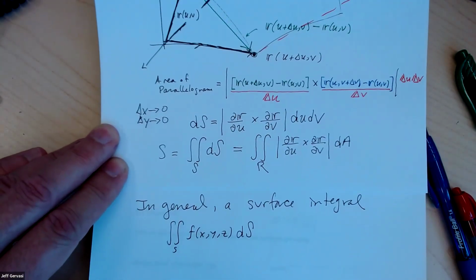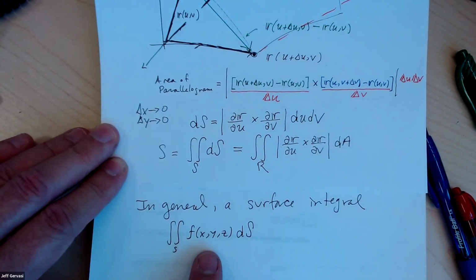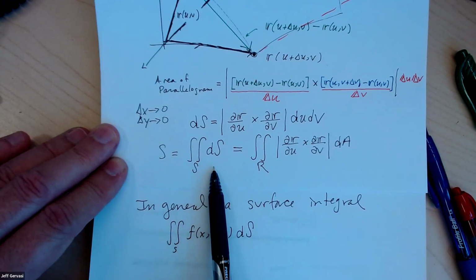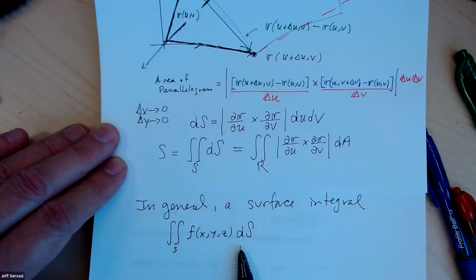Okay, we said in general, a surface integral has this form. If the integrand itself represents a constant, in this case, let's say the constant 1, then it actually defaults to the integral right here and represents surface area. If it's any other constant, you can set that constant aside, and it becomes a constant multiple of surface area. But again, we call this a general surface integral.